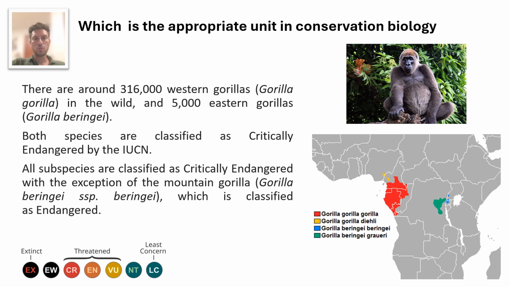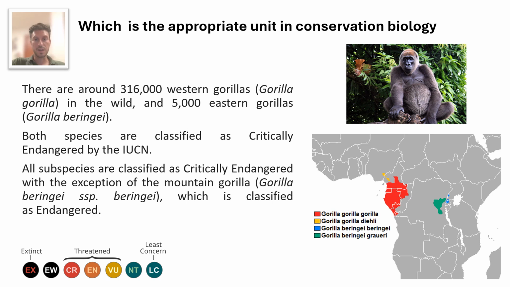But let me show a bit different case. Gorillas are ape species living in Central Africa. There are two gorilla species, the western gorillas living in the western tropical forests of Congo, Guinea and Gabon, which count more than 300,000 individuals, and the eastern gorilla living in the core of Central Africa accounting for no more than 5,000 individuals.